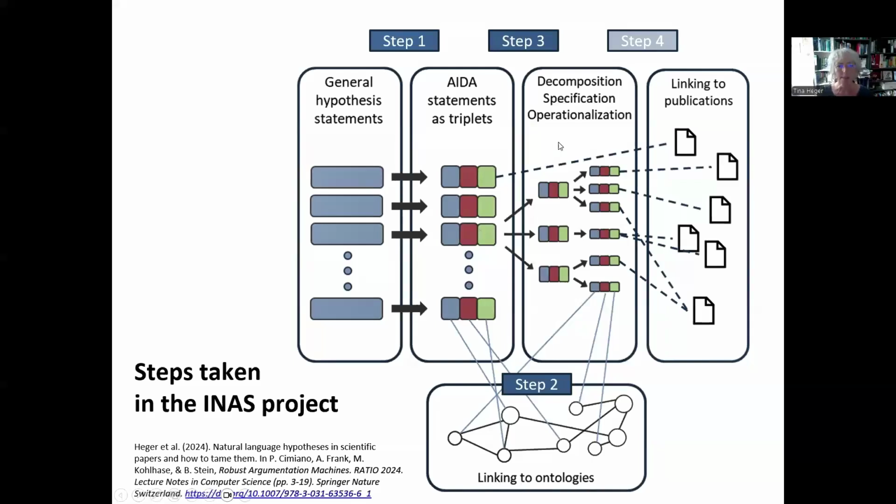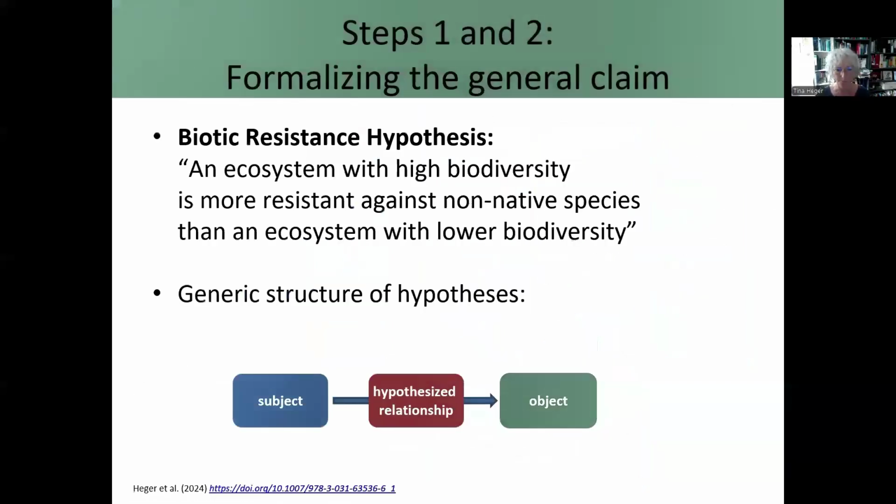And the third step then is how to formalize how the more specific statements are linked to the general ones. And we also did some natural language processing, developed some tools for applying natural language processing to also make the link to concrete publications, but this is not in the focus of this presentation here.